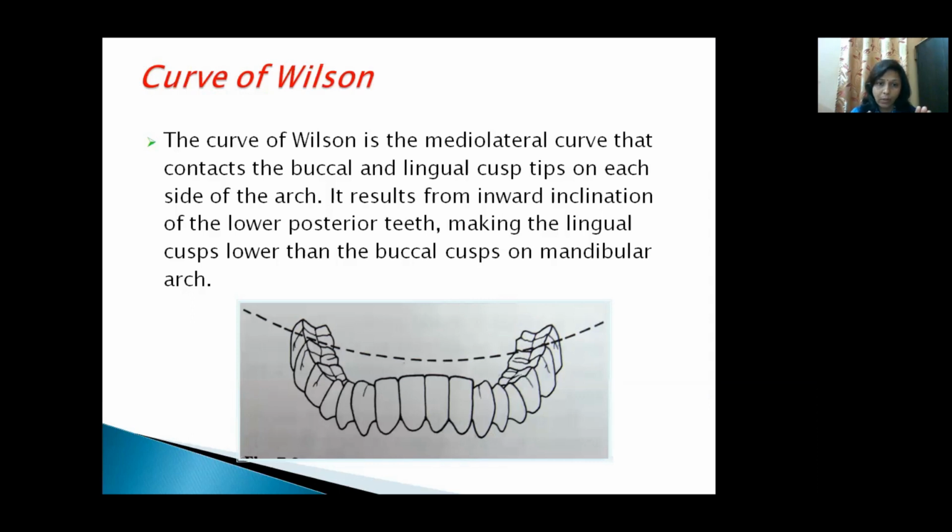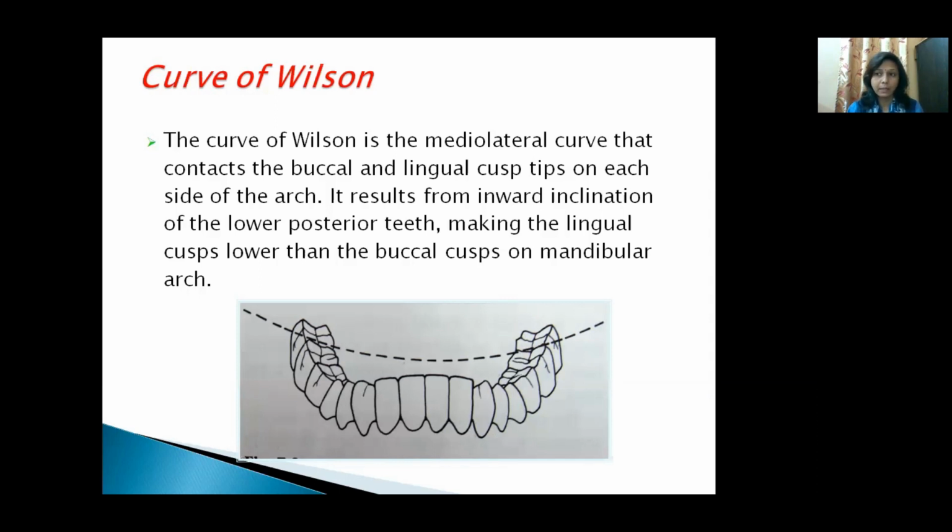It contacts the buccal and lingual cusp tips on each side of the arch. And this, as I said, results from the inward inclination of the lower posterior teeth, making the lingual cusp lower than the buccal cusp on the mandibular teeth. And how does it help?